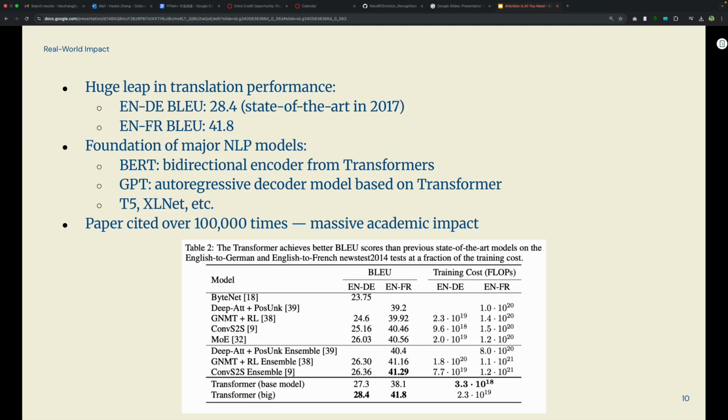The real-world impact of the transformer has been remarkable and far-reaching. When it was first introduced, the transformer model set new records in machine translation performance.